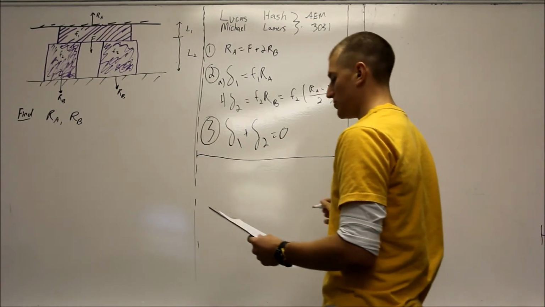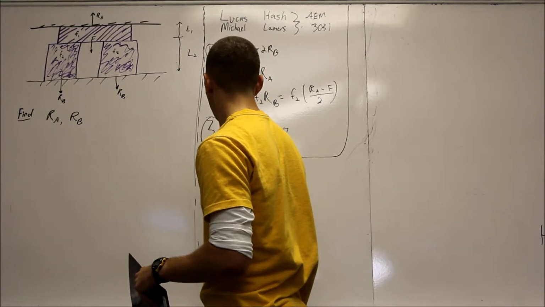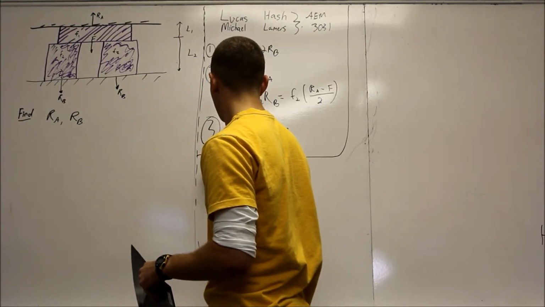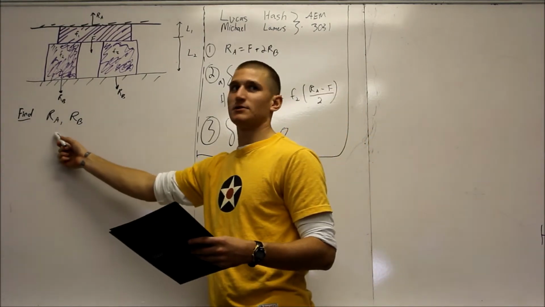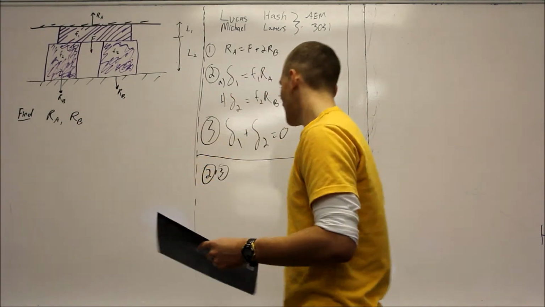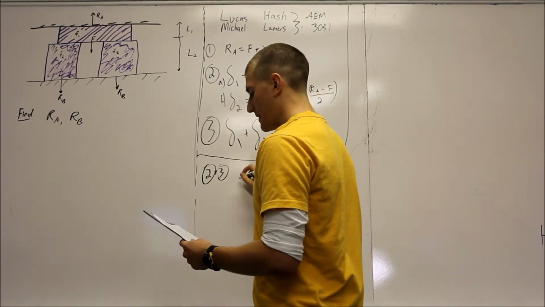We're going to take equation 2 plus equation 3, and we're going to set it equal to 0. By the way, our objective is to find the reactionary forces at A and B. So we just plug it in right away.